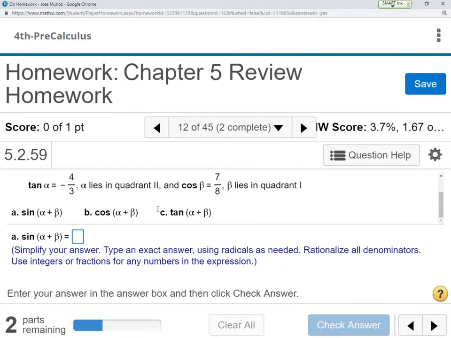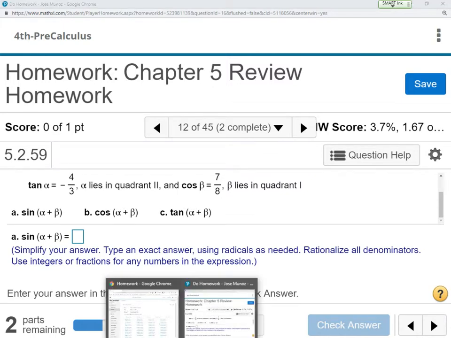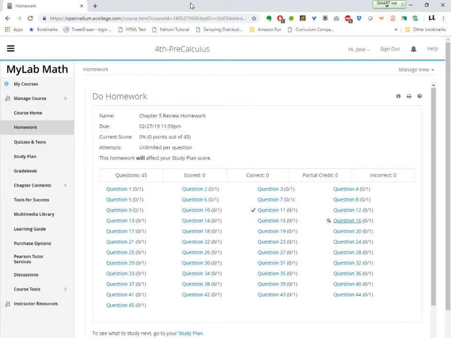Okay, so what's 1 minus cosine squared? Sine squared. And then I said cosine, the signs are different, right?